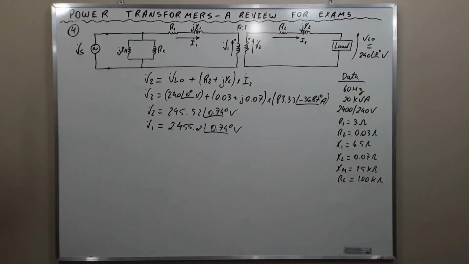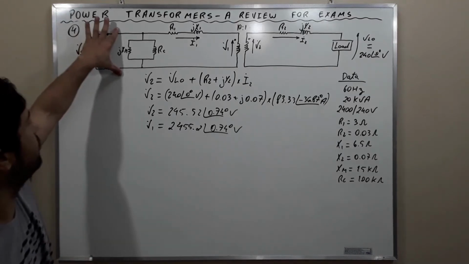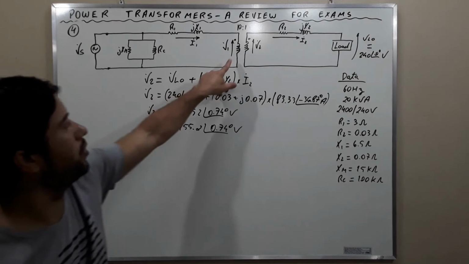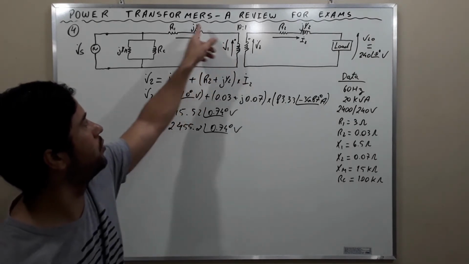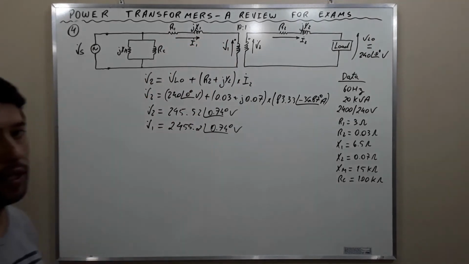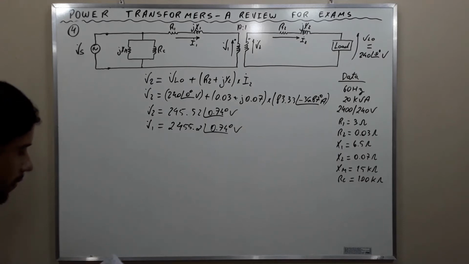Now to calculate the voltage of the source, we use the primary winding impedance, okay? Because this voltage here is going to be this voltage here plus the voltage drop along the impedance of the line.